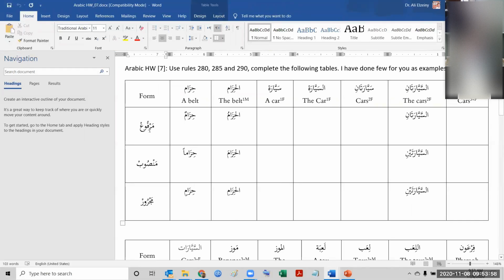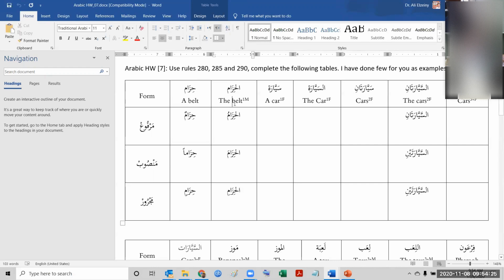The form is either Marfo3, Mansob, or Majror. This is a noun, so you want to see the different harakat for the noun. Here a belt doesn't have alif lam. Hizam, which is a belt. If you want to make it definite, I'd say al-hizam, the belt.